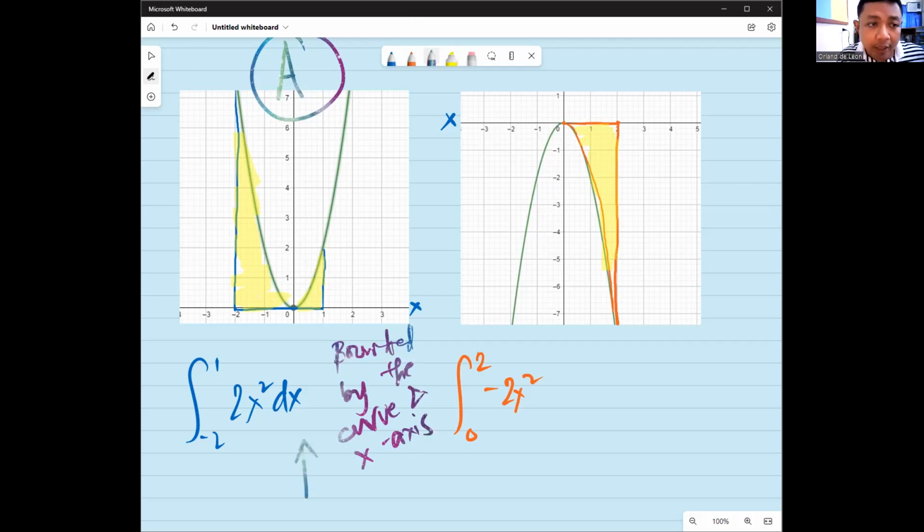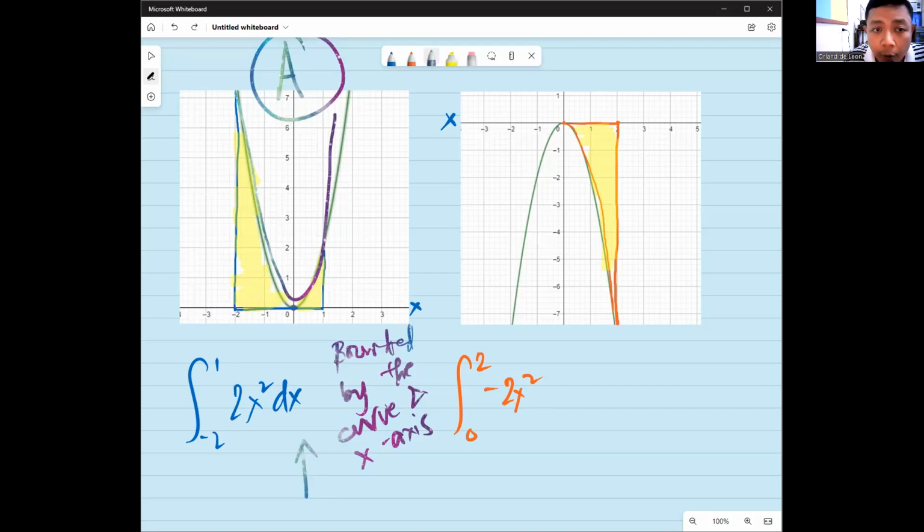Look at the A. Can we consider the shaded area for the A a definite integral for our given? Yes or no? Yes, very good. This is accepted because the boundary is the curve. Here's the curve. And this is the x-axis. And the shaded part or the shaded area is above the x-axis. So therefore, that is considered a value for your definite integral.